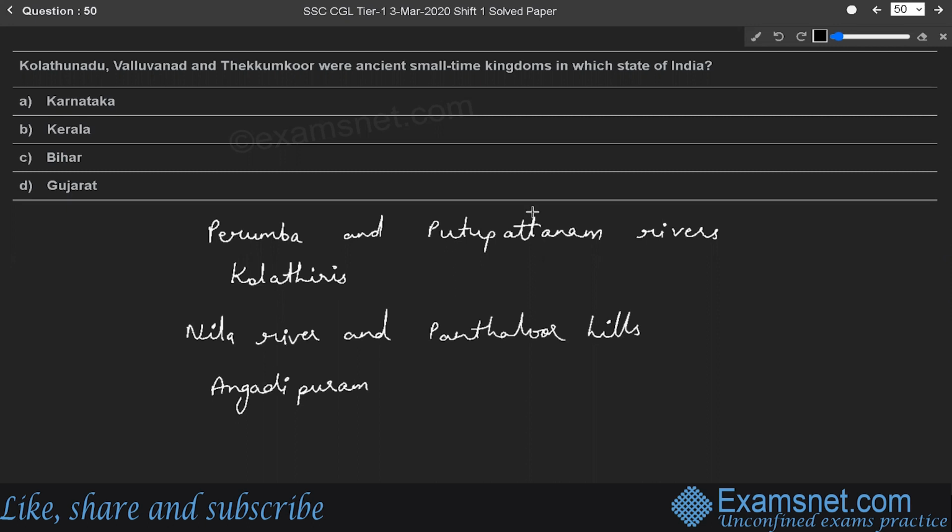Third kingdom is Thekkumkur. The capital of Thekkumkur is Venimala. And it is the region between the Meenachil and Pamba rivers.